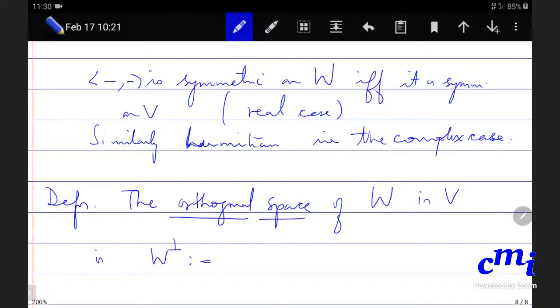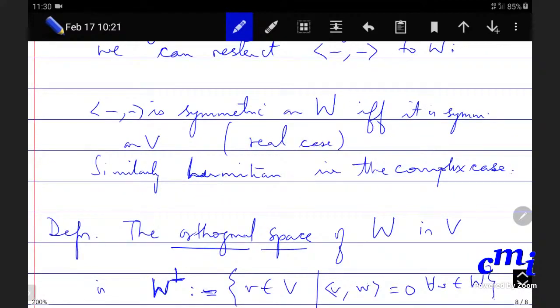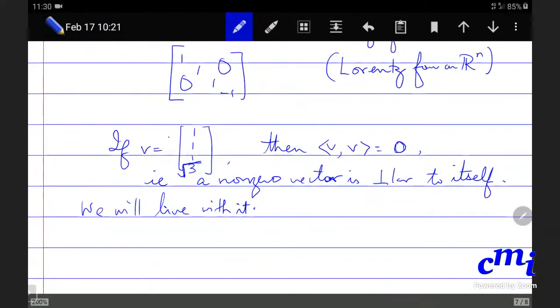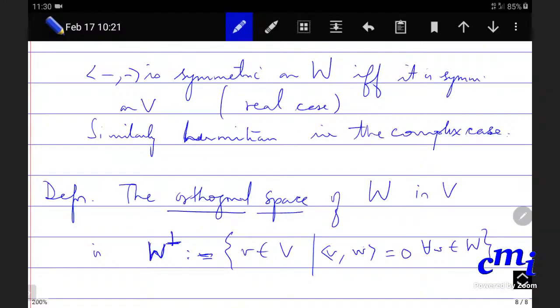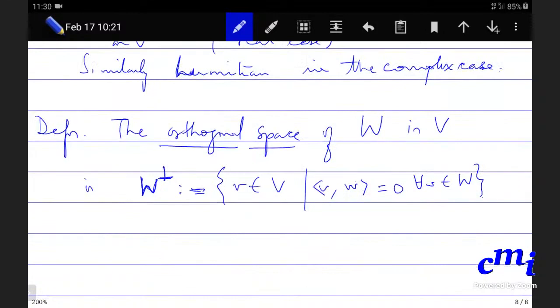In LaTeX, this symbol is called perp, so I will just refer to it as W perp. W perp is the set of V inside V such that V is orthogonal to W for all W inside W. So vectors that are self-orthogonal, etc., are all allowed. Just formally take this as a definition and define orthogonal space like this.